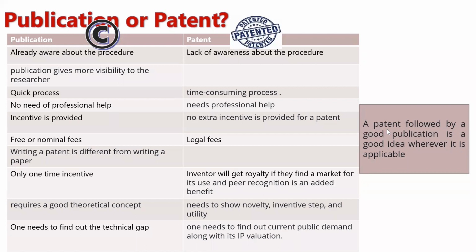Before publication, if you think this idea will result in a good product, it is better to file the provisional patent, and then you do the good publication. That is possible, but the constraint is that the filing procedure you have to complete within a year.